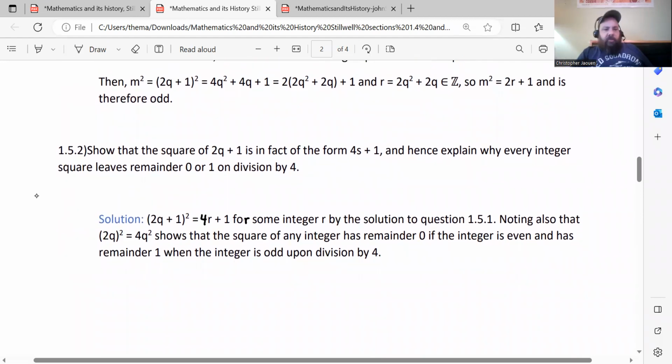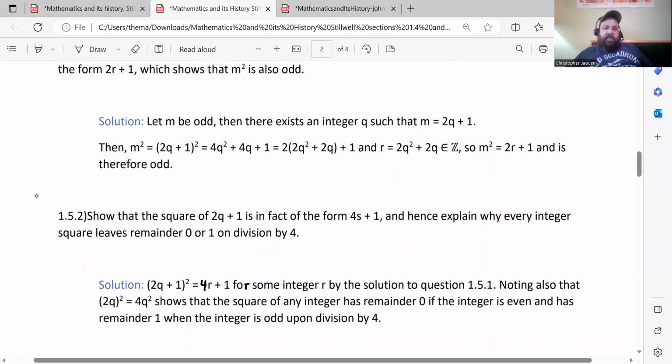Question 1.5.2, show that the square of 2q plus 1 is in fact of the form 4s plus 1, and hence explain why every integer square leaves remainder 0 or 1 on division by 4. So here, if you square 2q plus 1, you get 4 times an integer plus 1, as you can see from up here.